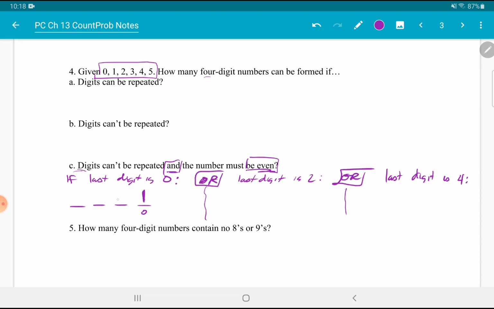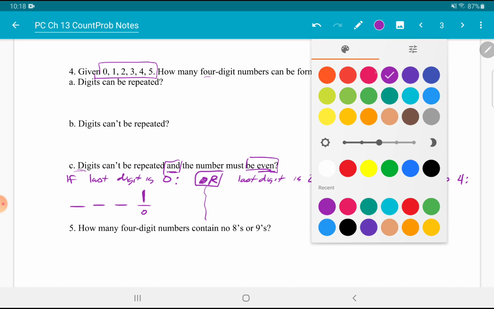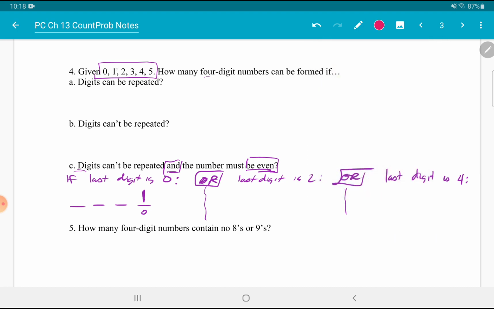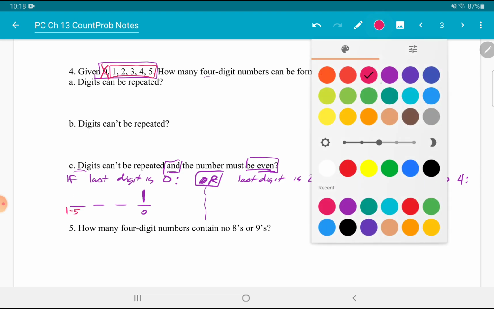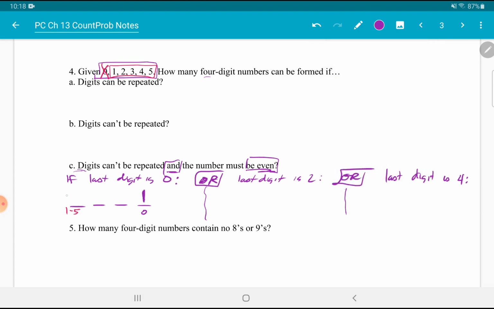Also, because the digits cannot be repeated, if I have already used the value of 0, then I only have these 1, 2, 3, 4, 5 numbers to choose from. So let's say in the first spot, I really have 5 numbers to choose from, right? So I can choose numbers 1 through 5, and so I have 5 numbers to choose from there.